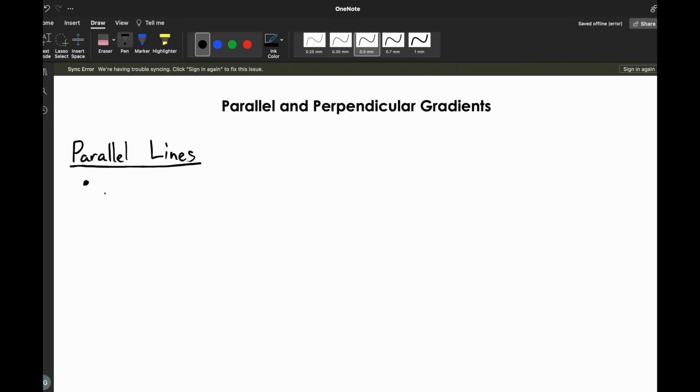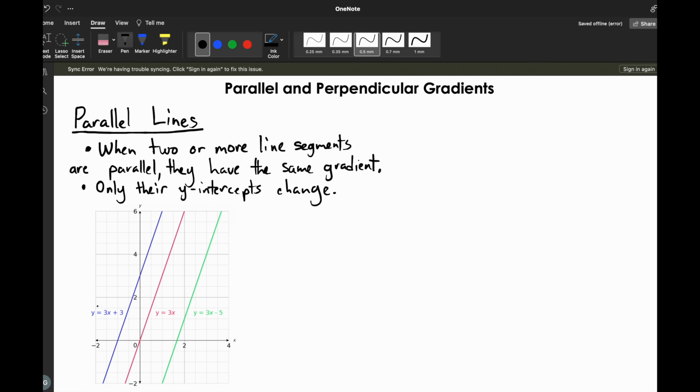Basically, they would be the same, because if they're the same distance apart, traveling the same way and never touching, they must have the same gradient in order for that to happen. The only thing that would be different is their y-intercepts. Looking at this first equation, we have, for instance, y equals 3x plus 3, then y equals 3x, then y equals 3x minus 5.